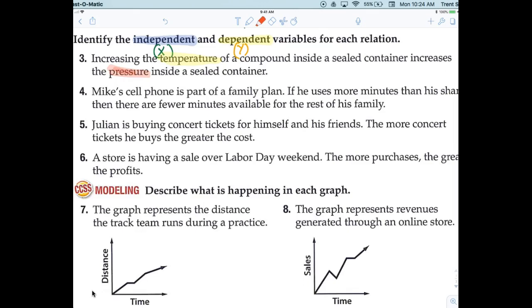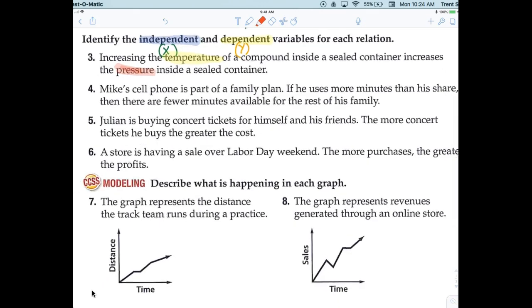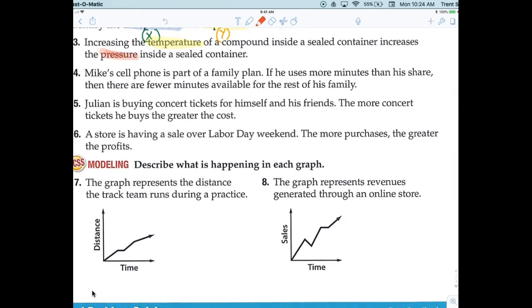Just to make sure, let's look at number 4. Now, someone else try to participate. Mike's cell phone is part of a family plan. If he uses more minutes than his share, then there are fewer minutes available for the rest of his family. So what are the 2 things we're talking about? Will, good for you.